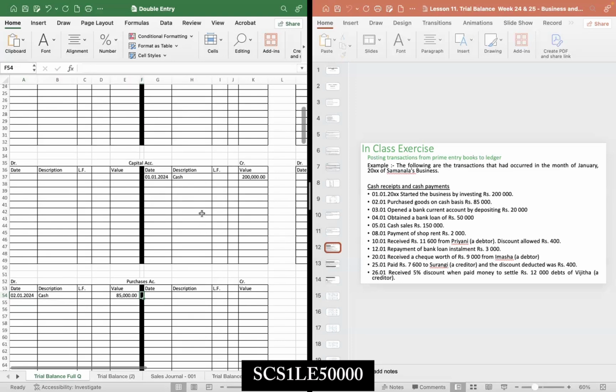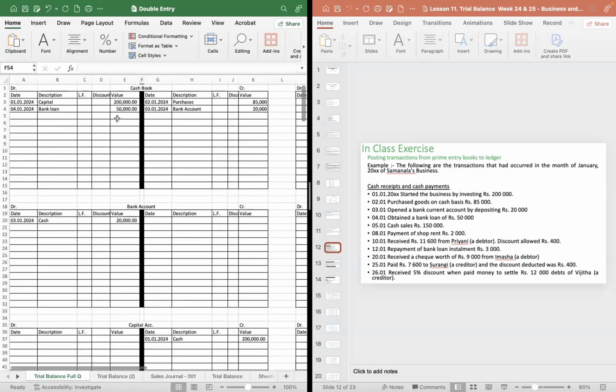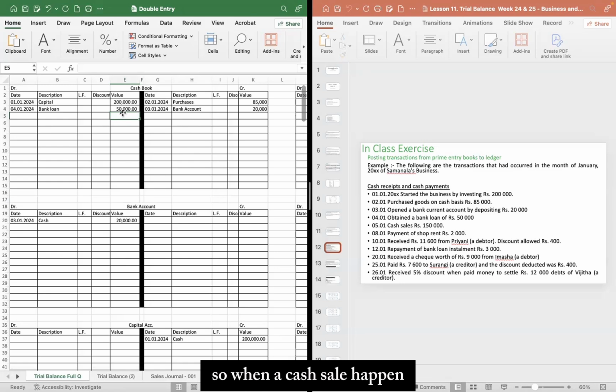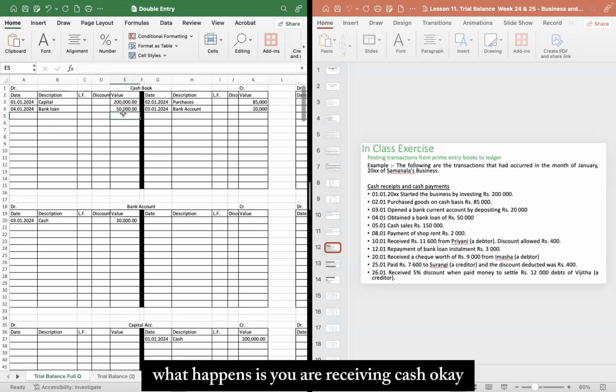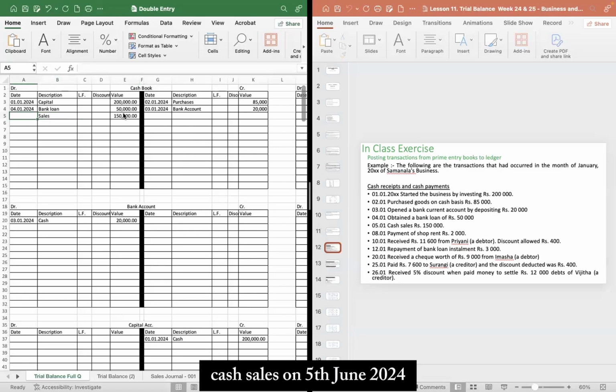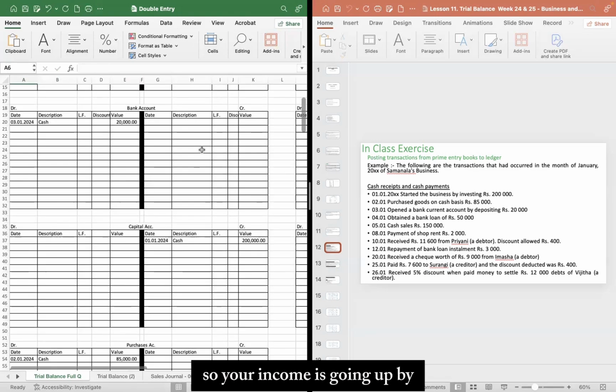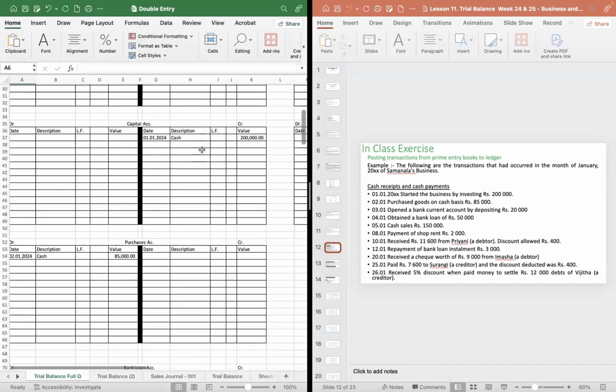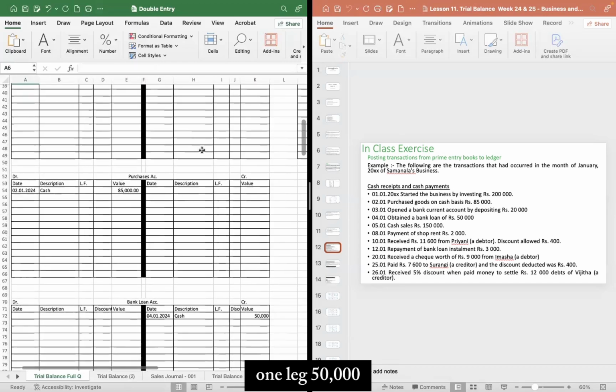Cash sales 1,50,000. When a cash sale happens, you are receiving cash, so your asset balance is going up by 1,50,000. It's cash sales on 5th Jan 2024. On the other hand, sales is an income, so your income is going up by 1,50,000.